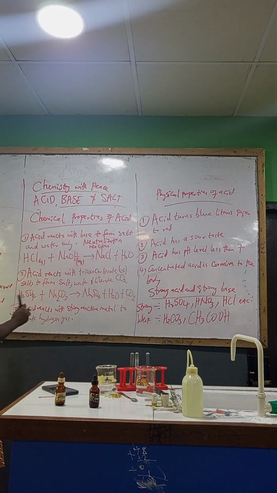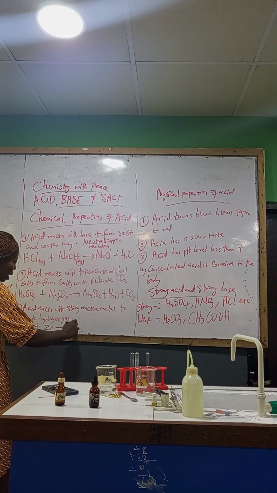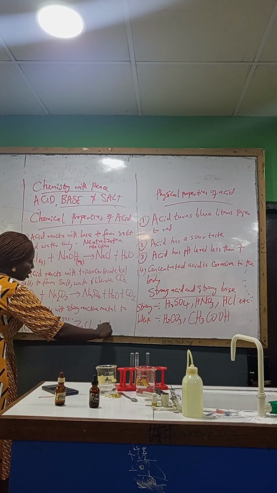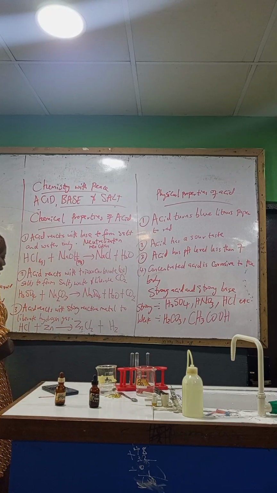Let's give an equation to that. This is an acid, hydrochloric acid, reacting with zinc. Zinc is a metal. Zinc is more reactive than hydrogen. When they react, they will form zinc chloride and then liberate hydrogen gas.